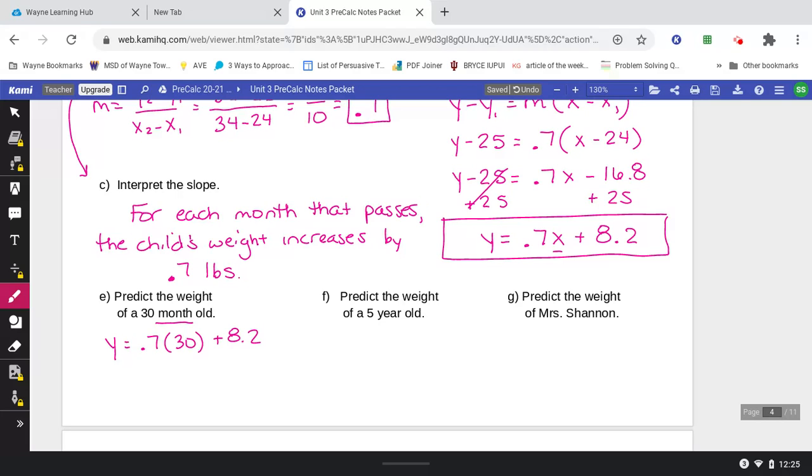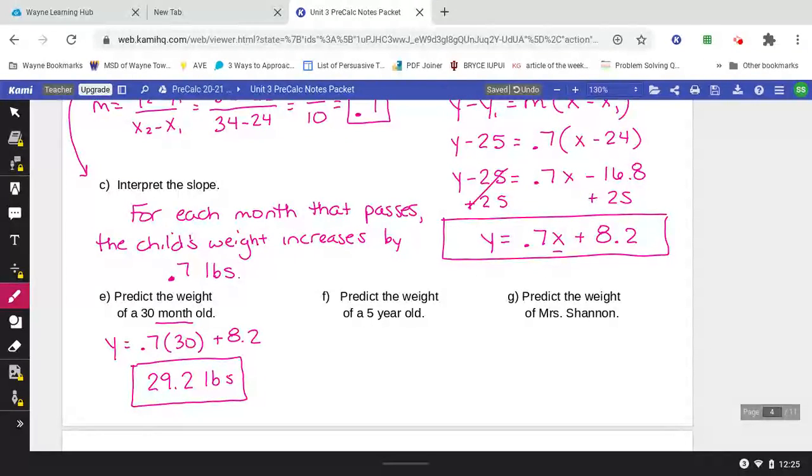Multiply and then add the 8.2 to get 29.2 pounds. And then with these, always ask yourself whether that answer is reasonable. So we are talking about children here. Is it possible that a 30-month-old, so someone somewhere between 2 and 3 years old, is 29 pounds? Now that seems reasonable to me. You'll notice when it starts to get weird, you'll notice that the numbers are not right.